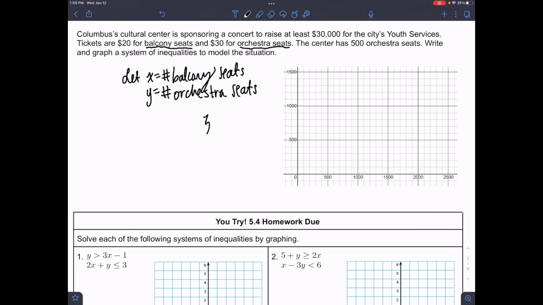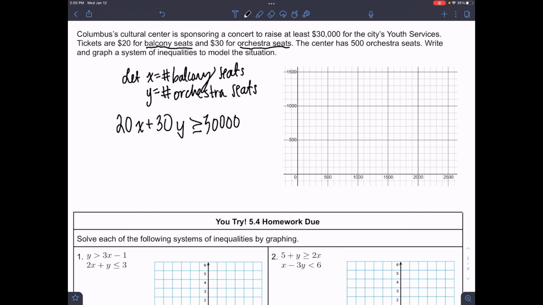It says that the money has to be at least 30 grand. So I know that some expression that's going to calculate money has to be bigger than or equal to 30 grand. The way we get money is $20 times the number of balcony seats we get, plus $30 times the number of orchestra seats we get, right?